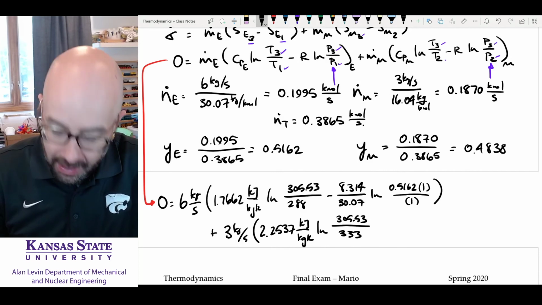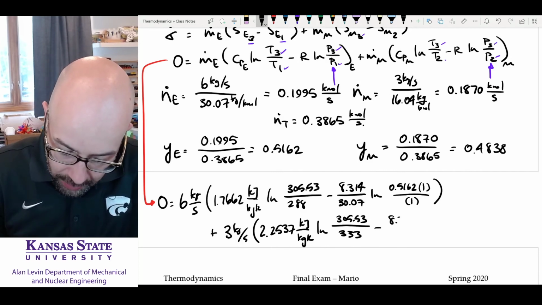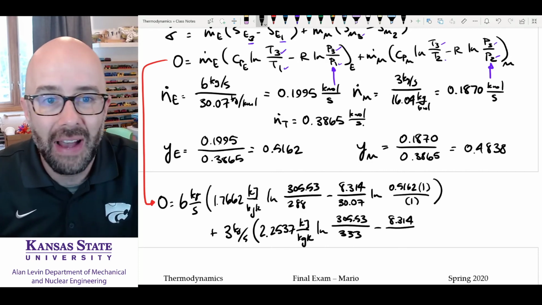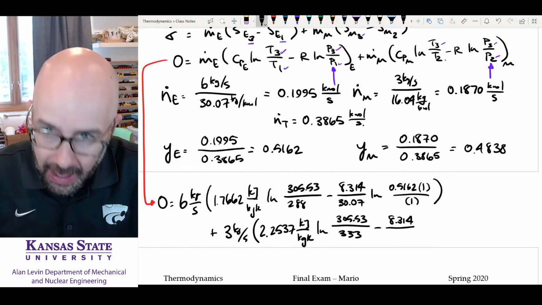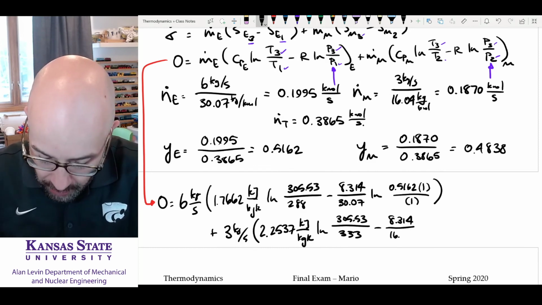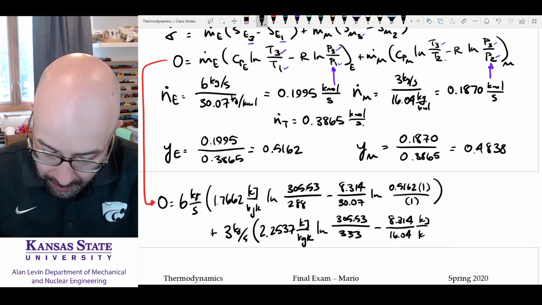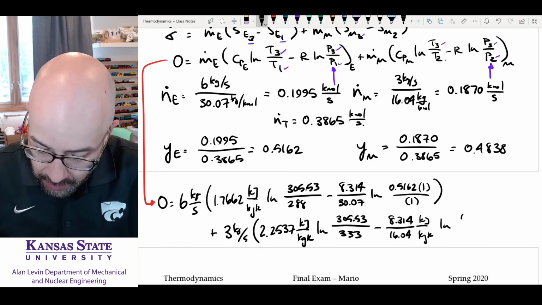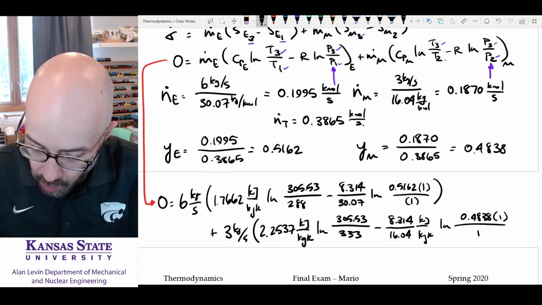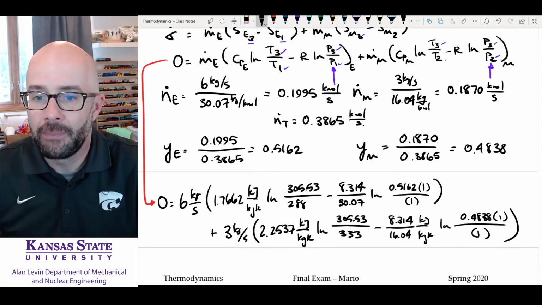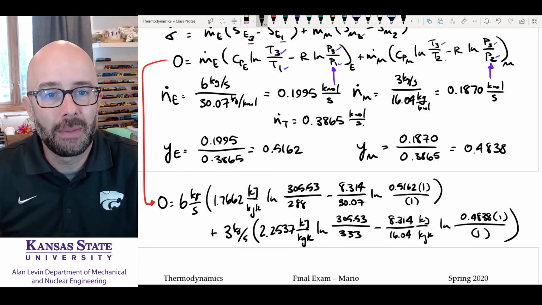And then minus 8.314, but now the R value of my methane, so I divide this by 16.04, which gives kilojoules per kilogram Kelvin, times the natural log of 0.4838 times my pressure at 1, divided by my total pressure at the very beginning.